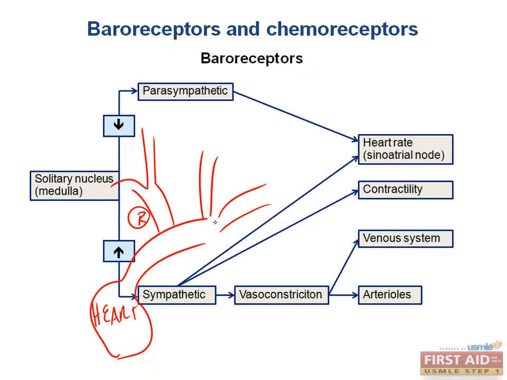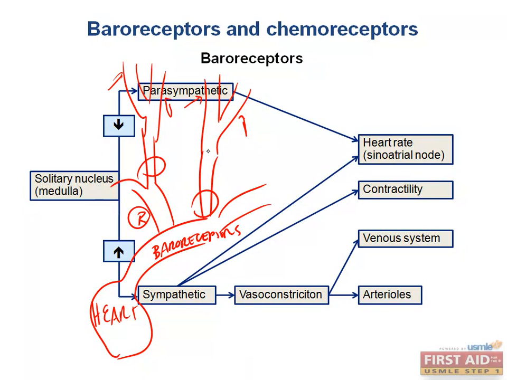The ones we're worried about are the left common carotid and the right common carotid, because we know that eventually they will split into the two different components, which are the internal carotids and the external carotids. So there's actually baroreceptors in the aortic arch, and these travel up both vagus nerves.